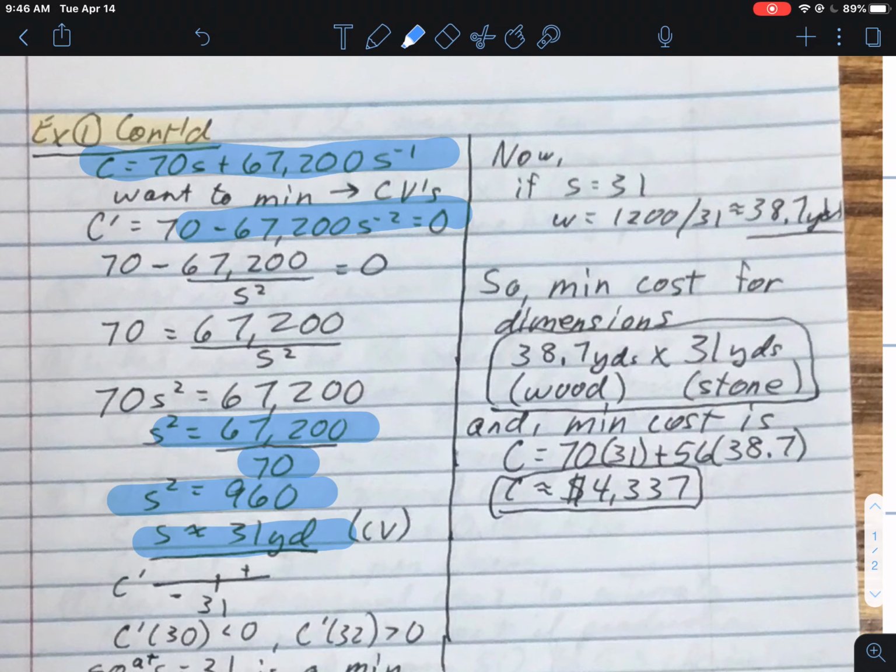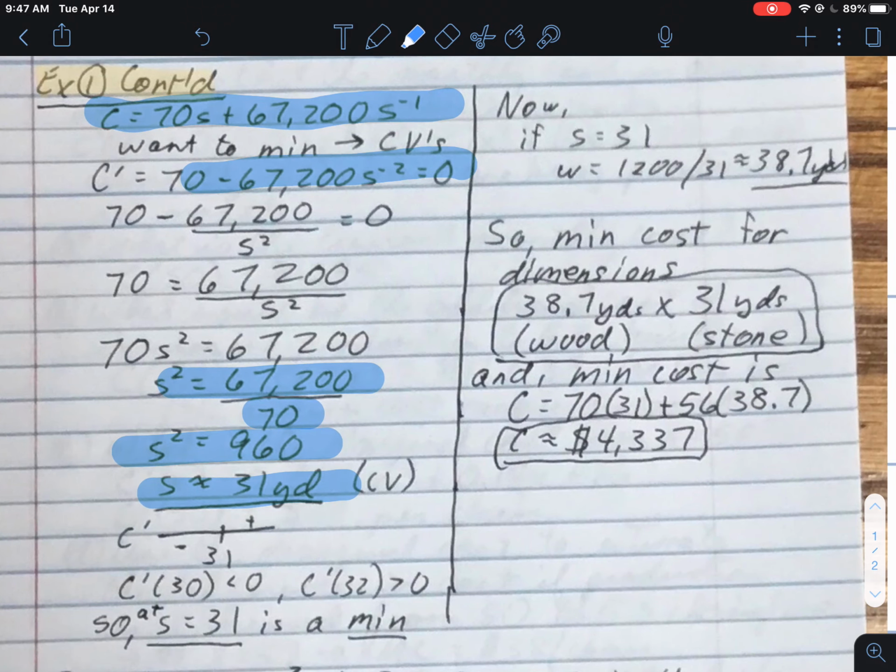Now, of course, typically I would have the plus or minus the square root of 960, but again, context: s is the amount of stone wall that we need to form our rectangle, or at least one side of it. We know that's, like we said, our initial limitations, that has to be a positive value. So, generally speaking, there is a positive and negative square root, but we're only interested in the positive because of the context.